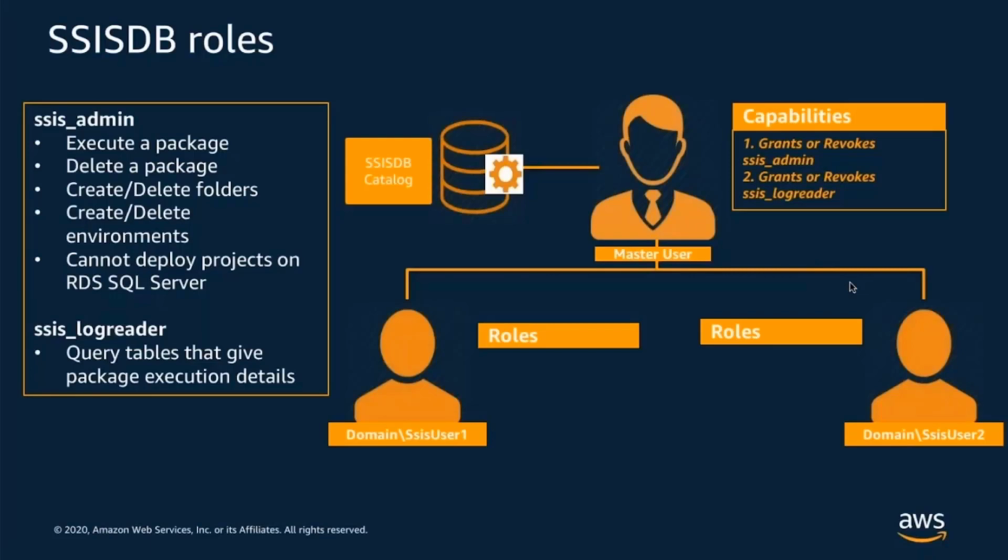Because the master user is a SQL authenticated user, you cannot use the master user for executing SSIS packages. The master user can use these privileges to create SSISDB users and add them to the SSIS admin and log reader roles. Doing this is useful for giving access to your domain users for using SSIS.